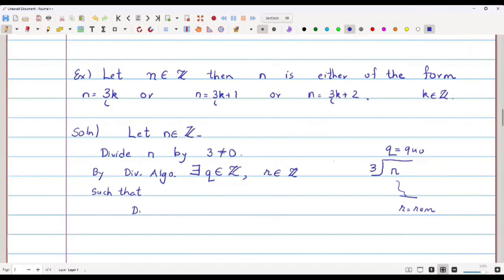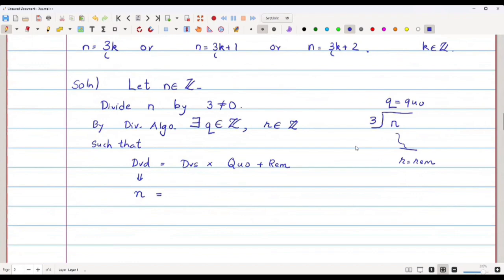Dividend is equal to divisor into quotient plus remainder. Who is the dividend in the problem? n is the dividend. So n is equal to divisor. Who is the divisor in our problem? 3 is the divisor. 3 into quotient q plus the remainder, means n is basically 3q plus r.